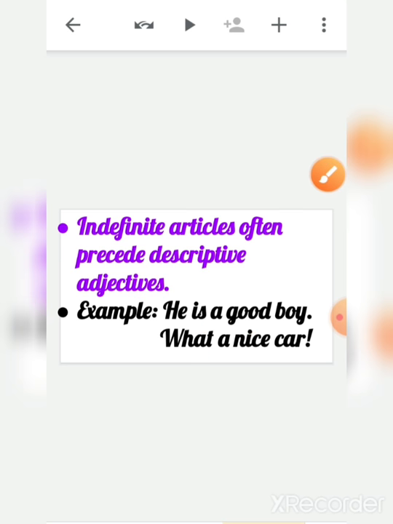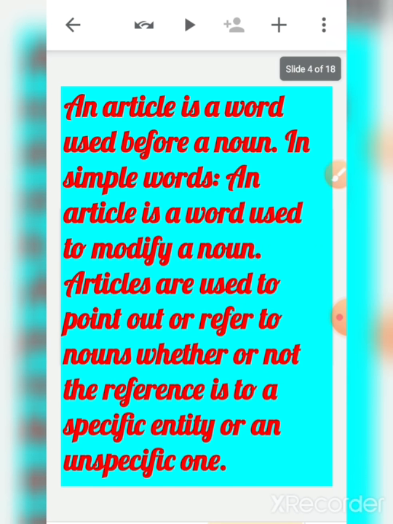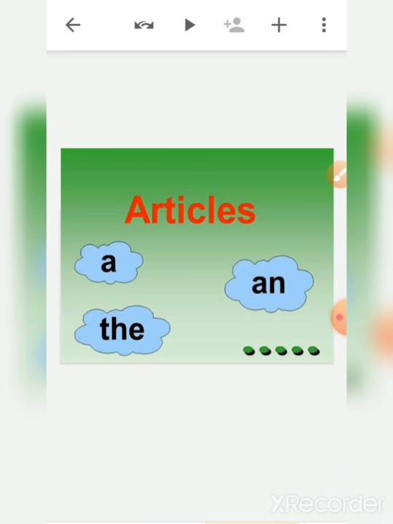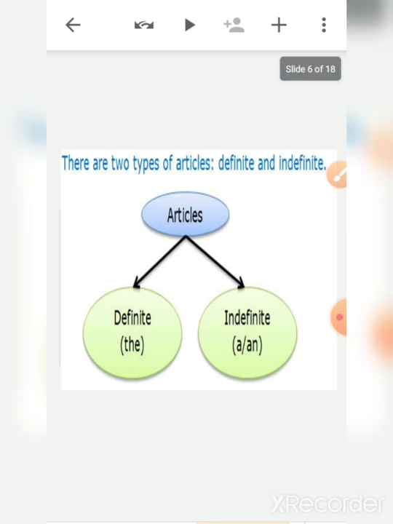So what is an article, children? An article is a word used to modify a noun. Articles are used to point out or refer to nouns, whether or not the reference is to a specific entity or an unspecific one. There are only three articles, a, an and the, and there are two types of articles, definite and indefinite.